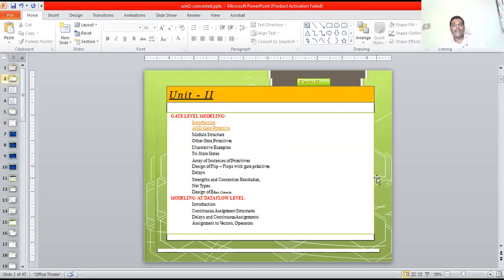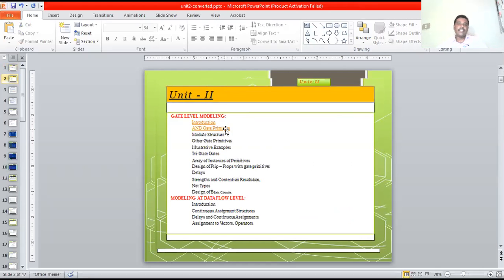What are the different types of concepts that come into the picture in the second unit? In the second unit, we are talking about primitives. What are the different types of primitives used in our Verilog language? To develop primitives, such as AND gate primitives or OR gate primitives, we should know about the structure, so I talk about the module structure here.